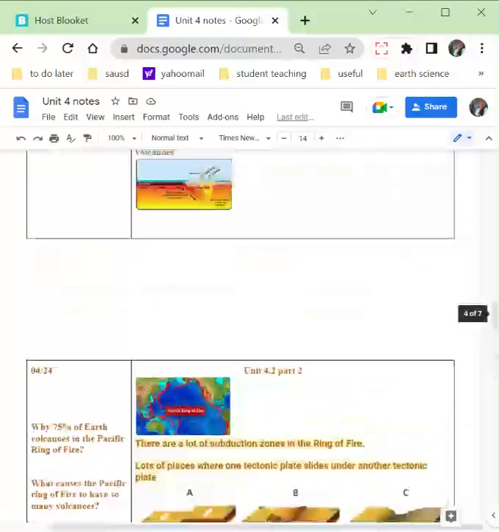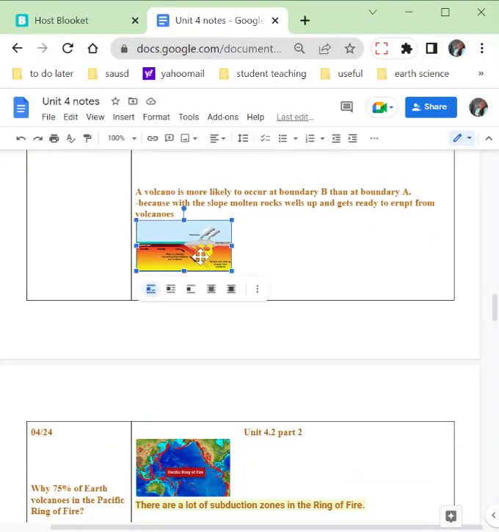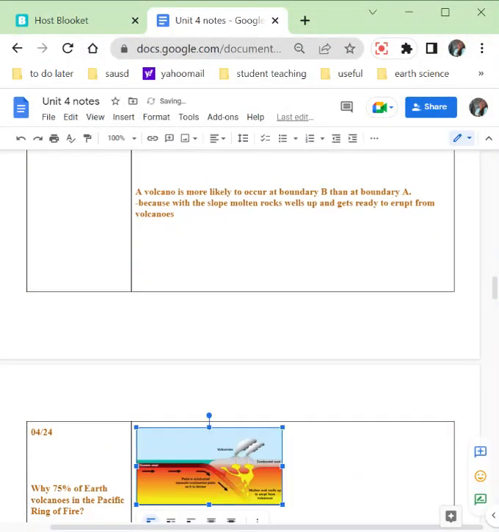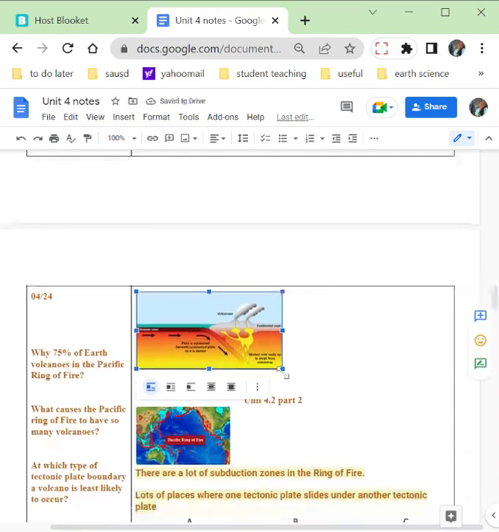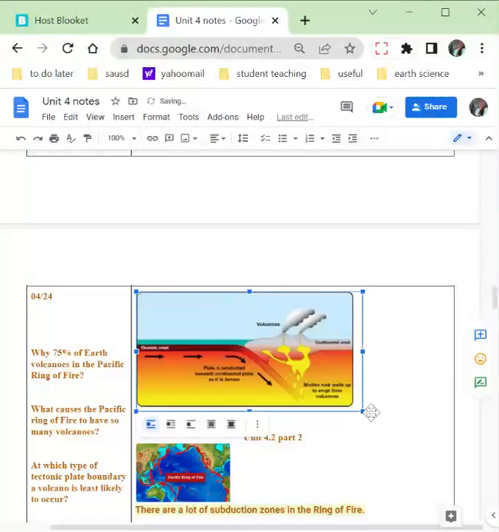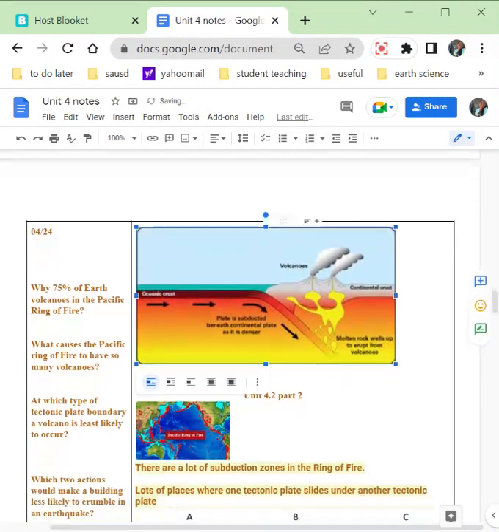And if we go back to the last couple of class notes, here we see that when the convergent plates both hit each other, one's going to go down, and going down creates a subduction zone deep down and also gives place for lava and all of the molten rocks to stay there, and eventually also going to erupt and form volcanoes.